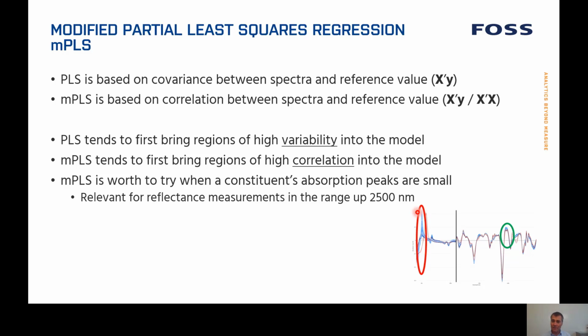And this high variation will give a high covariance in itself. It might not be very relevant for protein, but it will give a high covariance. This range that might be relevant for protein or other components has a small variation, but the correlation to the parameter of interest might be much higher. So the MPLS will bring this part in before it brings this one in.